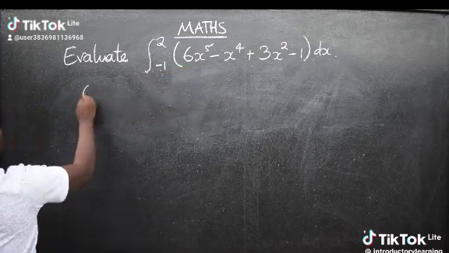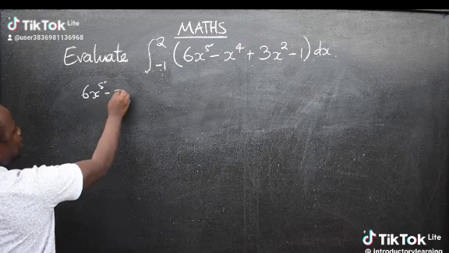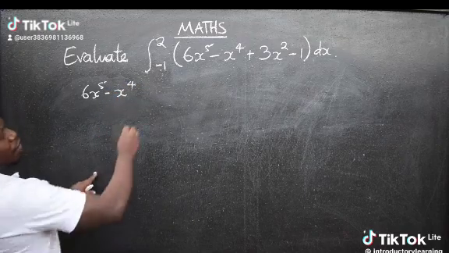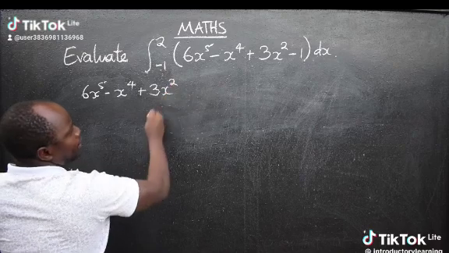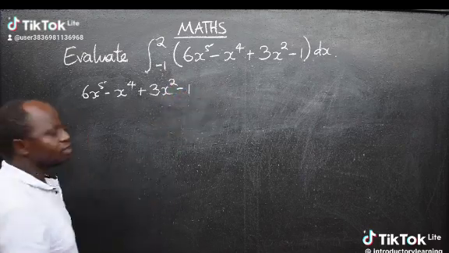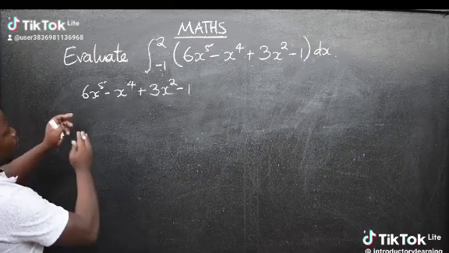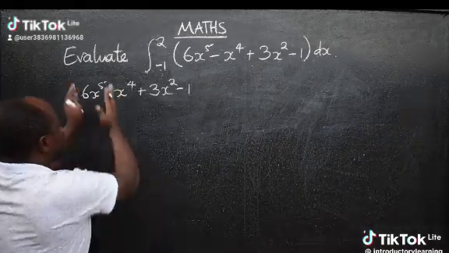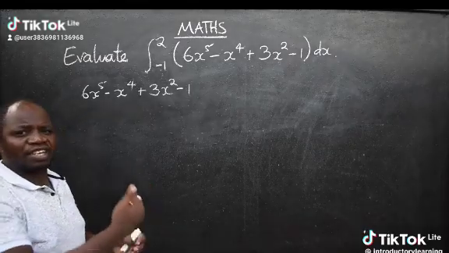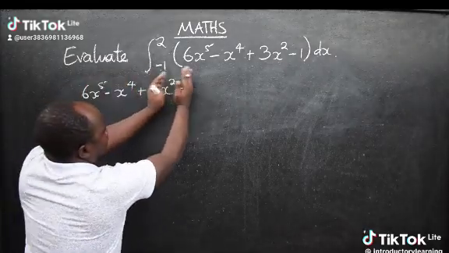So we have 6x to the power 5, we have minus x to the power 4, we have plus 3x squared minus 1. We are integrating term by term.